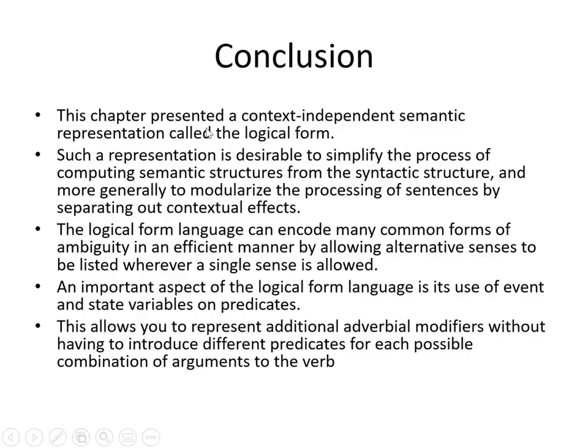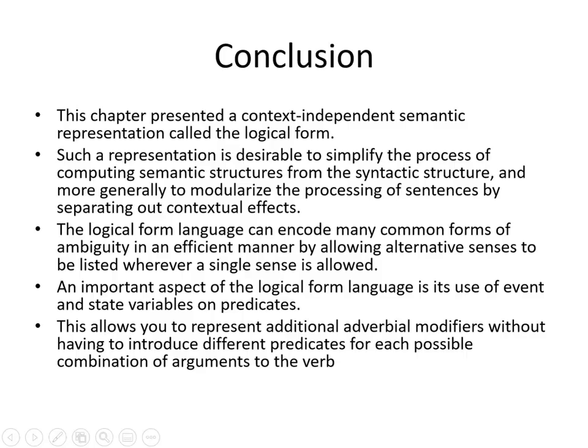So here we have represented a context independent semantic interpretation called the logical form. Such a representation is desirable to simplify the process of computing semantic structures from the syntactic structure, and to modularize the processing of sentences by separating out contextual effects.